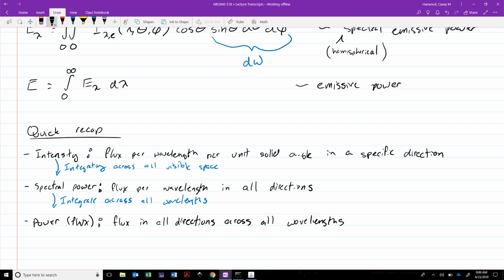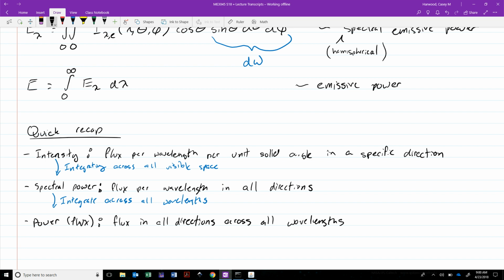Notice I haven't said emissive here because the same terminology applies to irradiation. So if we're talking about emission, that active throwing away of radiation by the thermal energy in an object, we would have spectral emissive intensity, spectral emissive power, and then just emissive power.